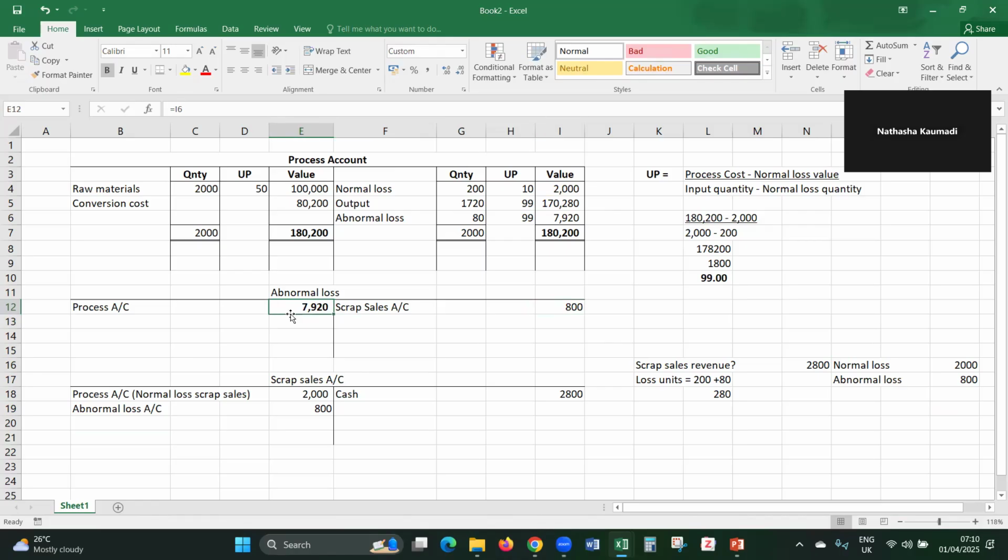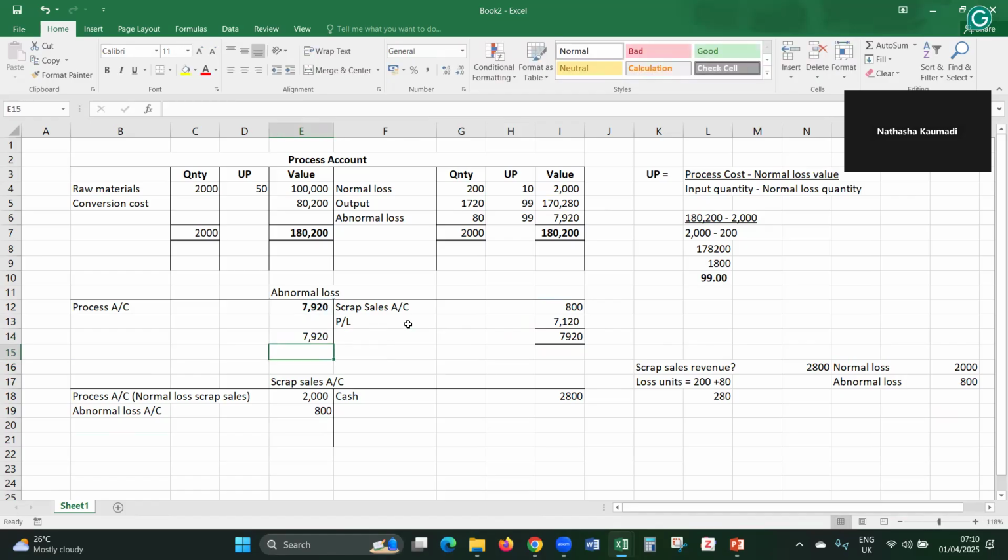Even though you considered you have a loss of 7,920, you can earn 800 rupees by selling those loss units. So now, what is your actual loss? It goes to P&L ultimately. Even though you have a 7,920 loss, you can remove that earned income of 800. Your actual loss is only 7,120 because you could earn 800 rupees by selling the loss units. So that's how you tally your abnormal loss account.